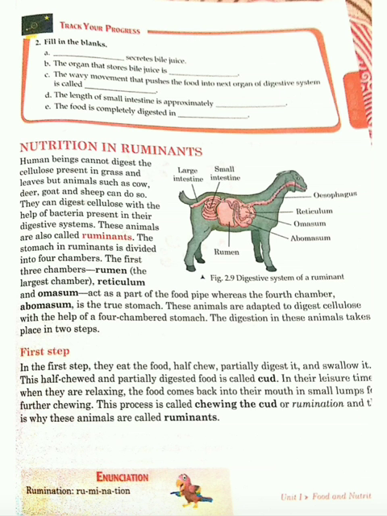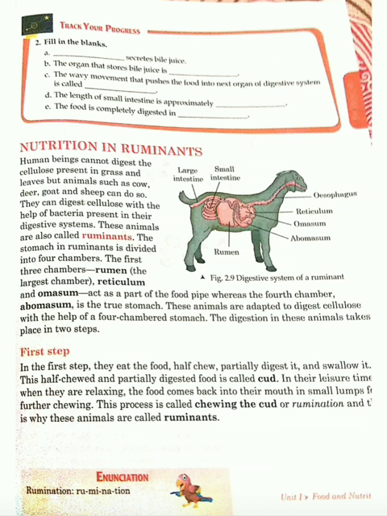And I have told you the process of digestion; the process of nutrition includes 5 other smaller processes, that is, first of all ingestion, then digestion, absorption, assimilation, and egestion.